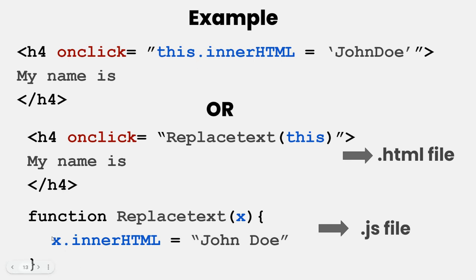So here we would have x.innerHTML. The x here represents this. So x.innerHTML equals John Doe, and we would have the same result we had in the first example.